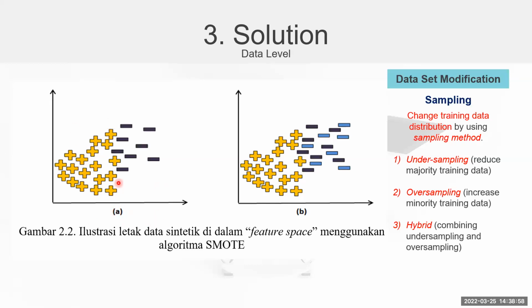Here we take churn prediction as the case, and we want to explore the churn prediction. This is the real data. In the real data, we can see that there is a large number of majority data samples, but only a small number of minority data.